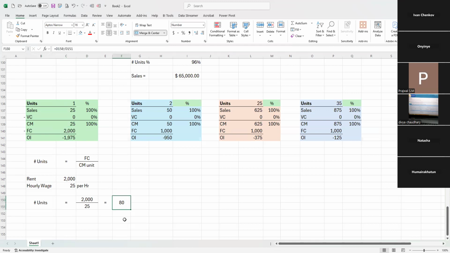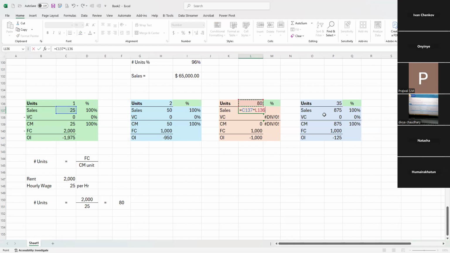80 hours. Now let's apply this and see if this is actually true. If you actually work 80 hours, how much income are you going to generate? 25 times 80, you generate $2,000 to cover your rent.